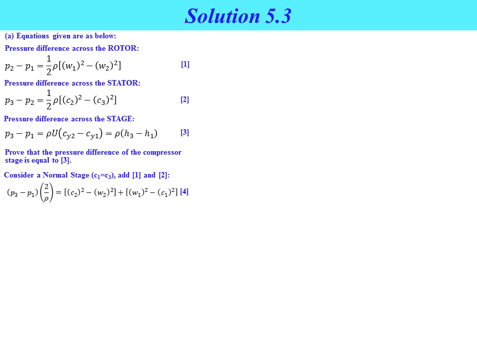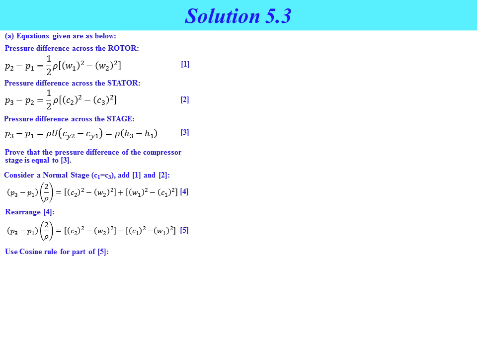We will have equation number 4, where P3 minus P1 multiplied by 2 divided by rho equals bracket C2 squared minus W2 squared plus bracket W1 squared minus C1 squared. Rearranging equation number 4, P3 minus P1 multiplied by 2 divided by rho equals bracket C2 squared minus W2 squared minus bracket C1 squared minus W1 squared, represented by equation number 5.